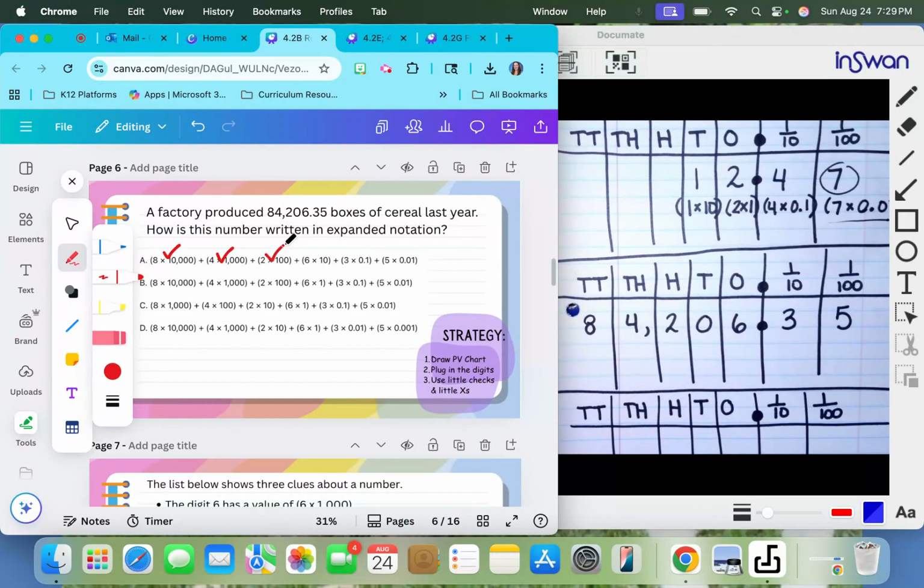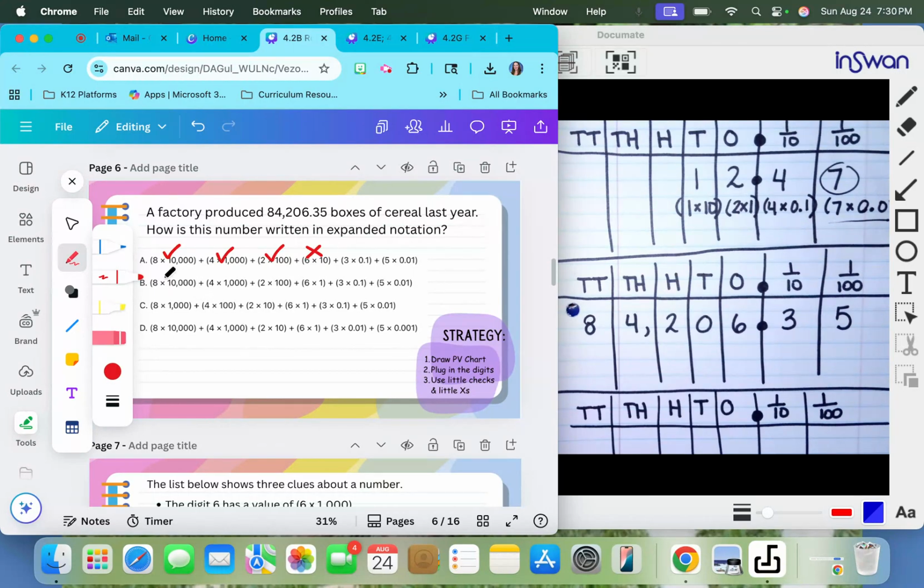Yep. 6 in the tens place. Here's the tens place. What do we have in the tens place? Ooh, 0, not a 6. So that just messed up A. So bye-bye A. It's got to be all little checks.